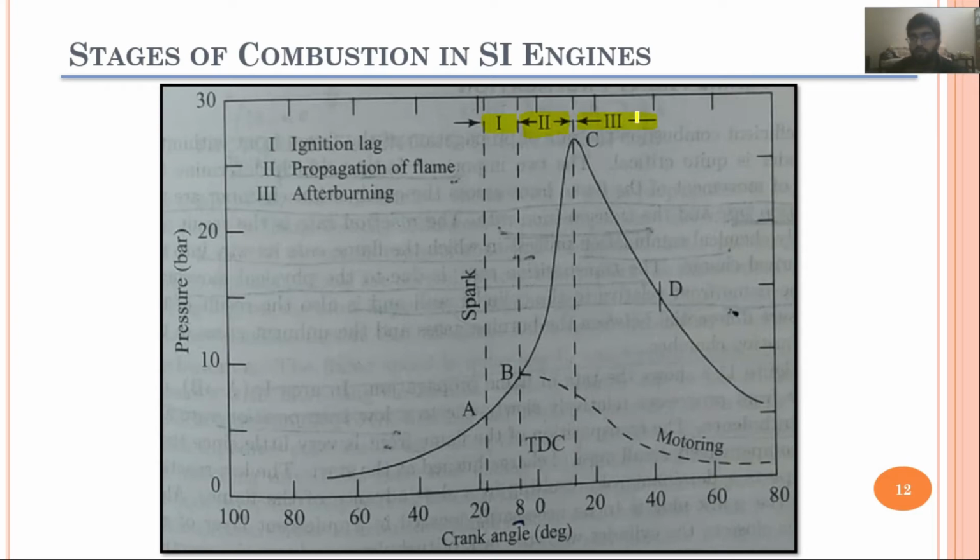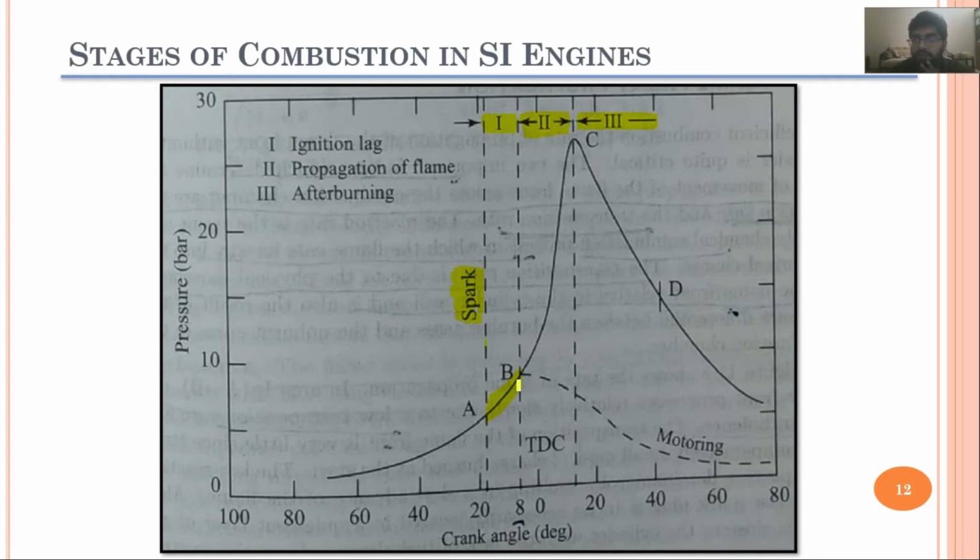So here you can see that the spark has started at the beginning of stage 1, meaning the combustion will start from this point, but until it reaches point B, the flame is not quite stable.